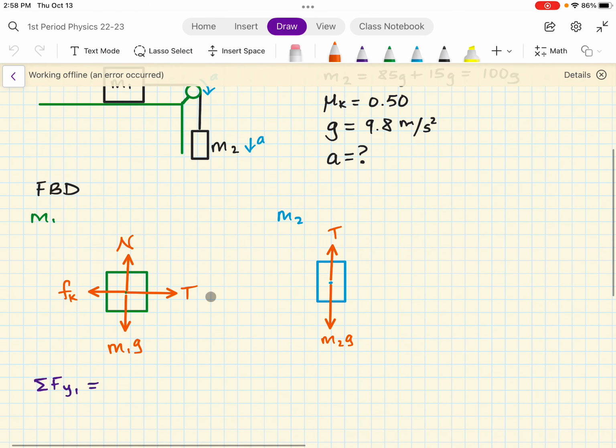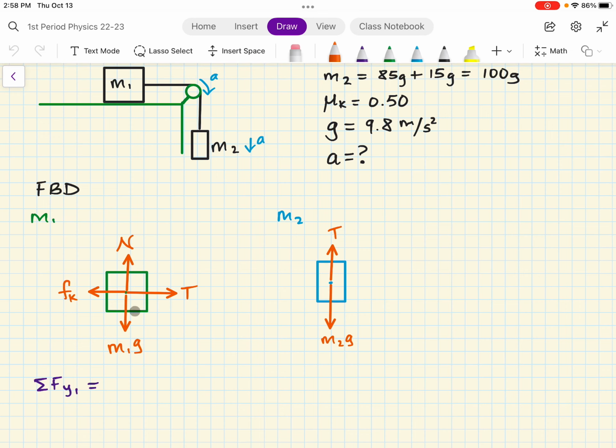Well, for mass 1 along the y direction, it really doesn't matter because we don't have motion up and down here for mass 1. So I'll just say normal's positive and then M1G is negative. You could flip it. It makes no difference, truly, because the motion is along the x direction.